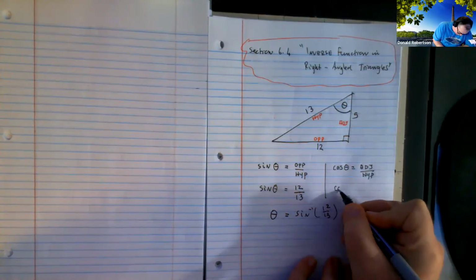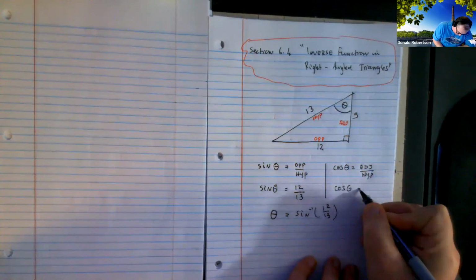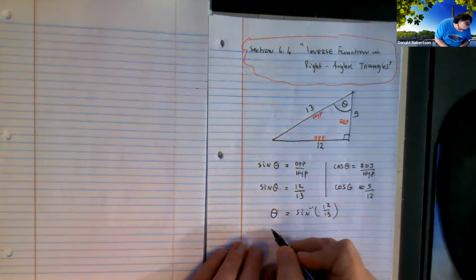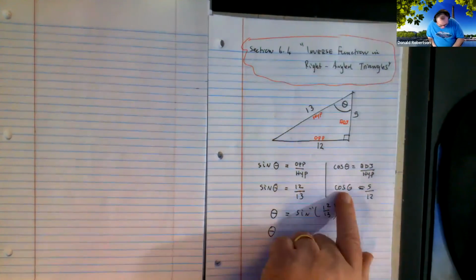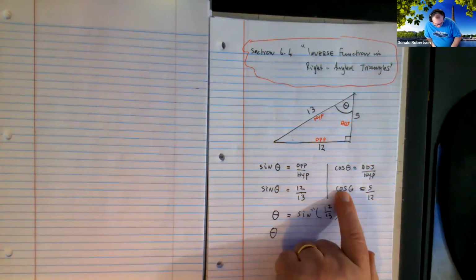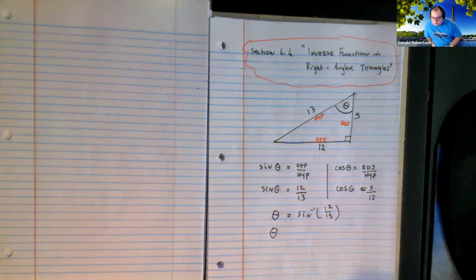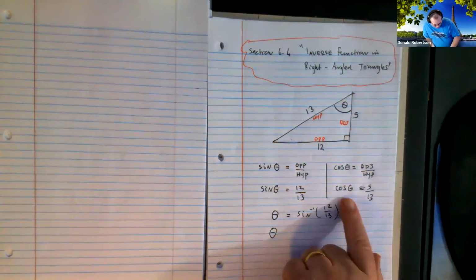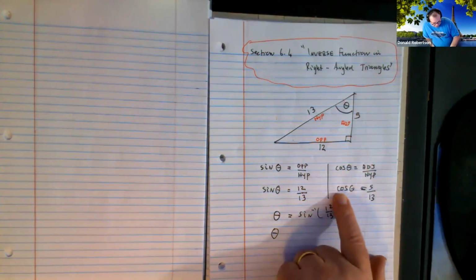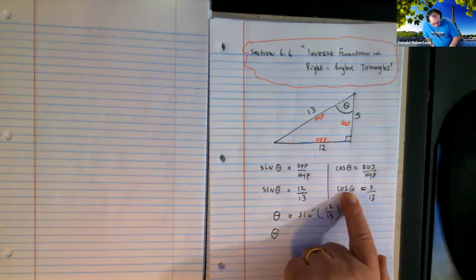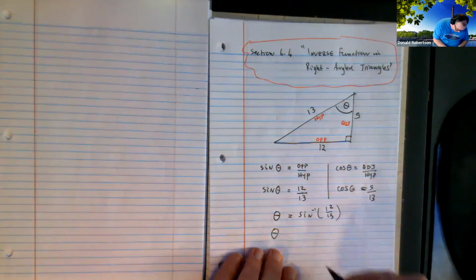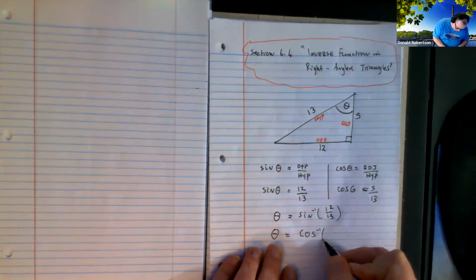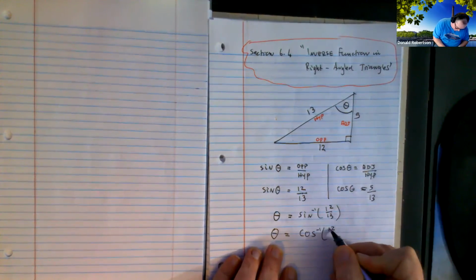And so that makes the cosine of theta 5/13. Because you said adjacent over hypotenuse. Thank you. You caught it in time. If the cosine of theta is 5/13, if I wanted to find the angle theta, wouldn't I now be finding the inverse cosine of 5/13?